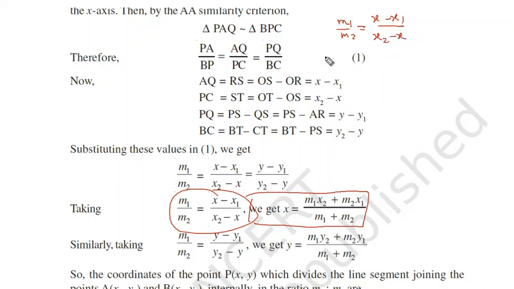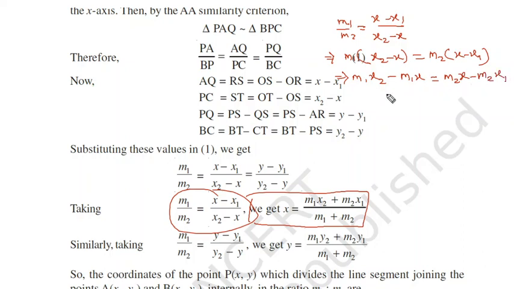Now you cross multiply them. So M1 into X2 minus X is equal to M2 into X minus X1. Multiplying them, M1 X2 minus M1 X is equal to M2 X minus M2 X1.